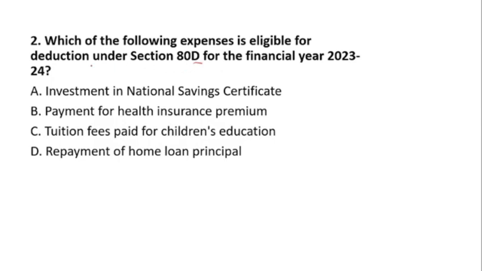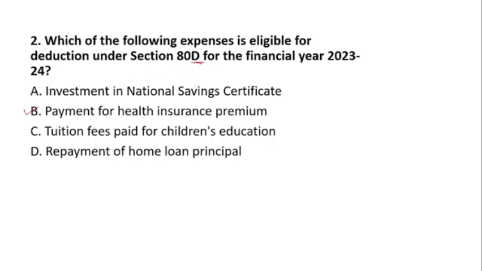Okay, so let's start. Option A is investment in the national savings certificate. Option B is payment of the health insurance premium, option C is tuition fees payment for the children's education, and option D is repayment of the home loan principal. So what will be the right answer? The right answer is option B.